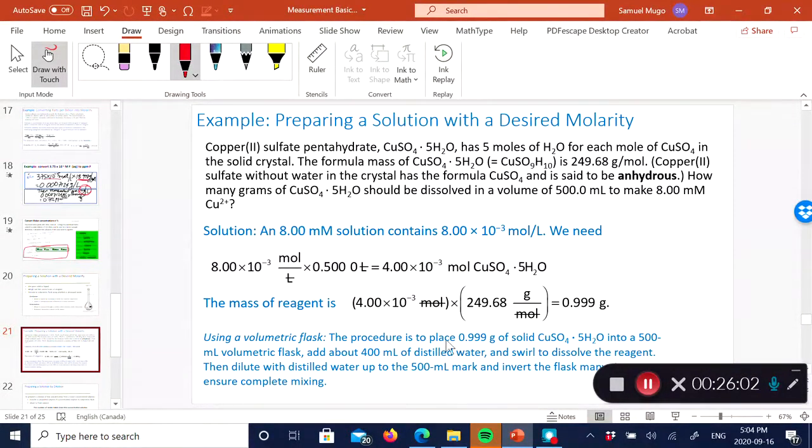You weigh that using the analytical balance like you've already done, and then you dissolve it with a small volume of distilled water, swirling it until all the salt has been dissolved. And then after that, you can dilute it to volume, on the mark. And that's how typically you would prepare a standard solution.